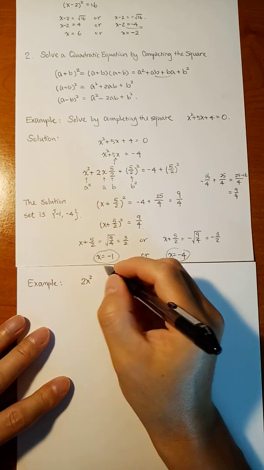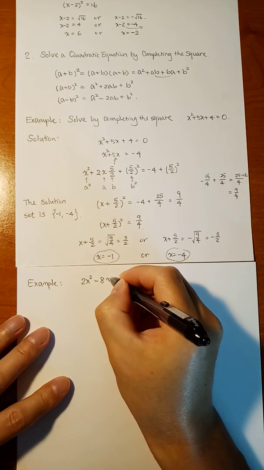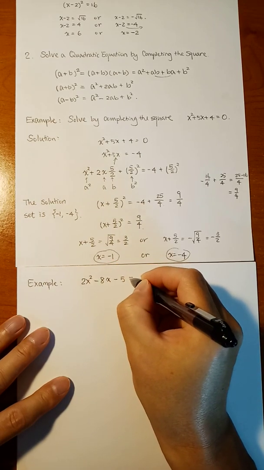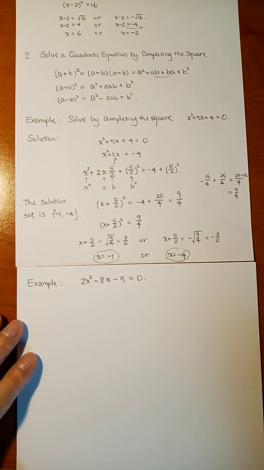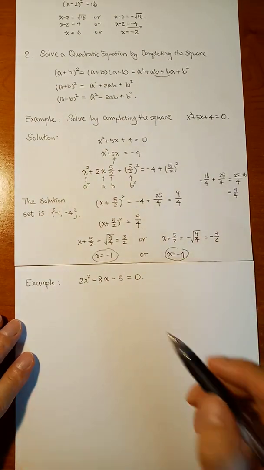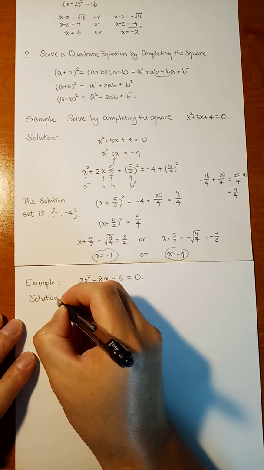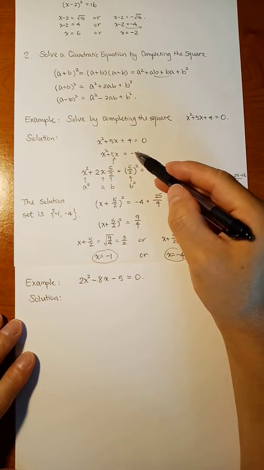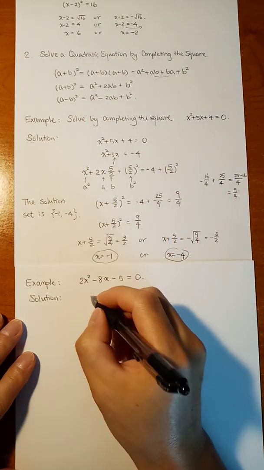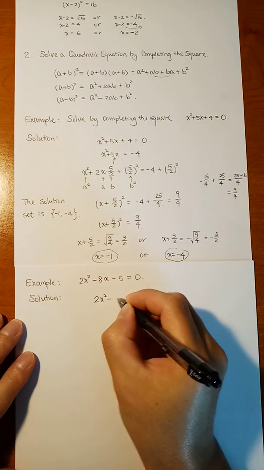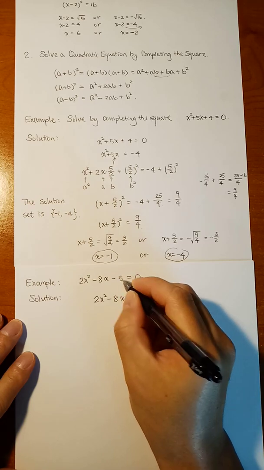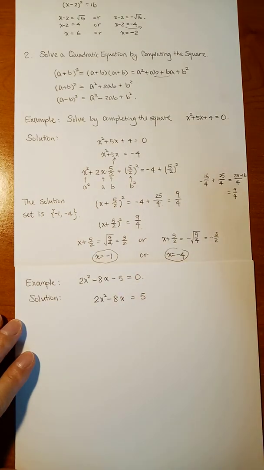2x squared minus 8x minus 5 is equal to 0. So how do we solve it? Let's see what was the first step. We move the constant term to the right hand side. We move -5 to the right hand side, it becomes +5.